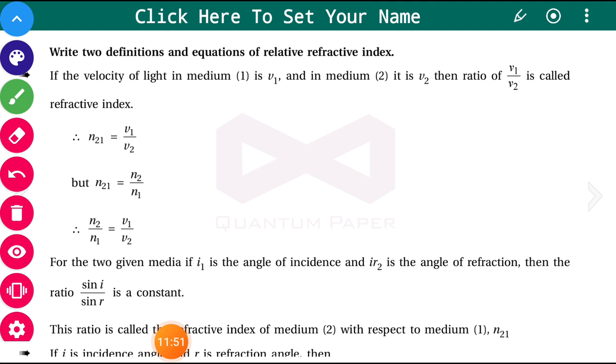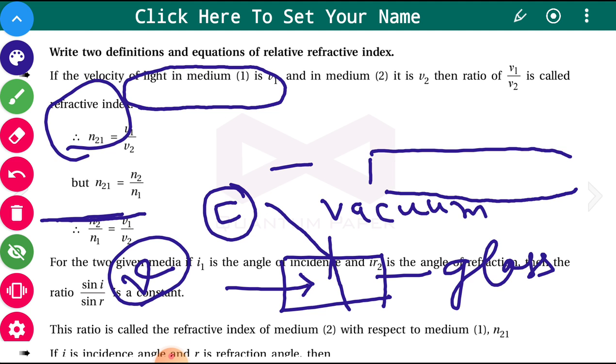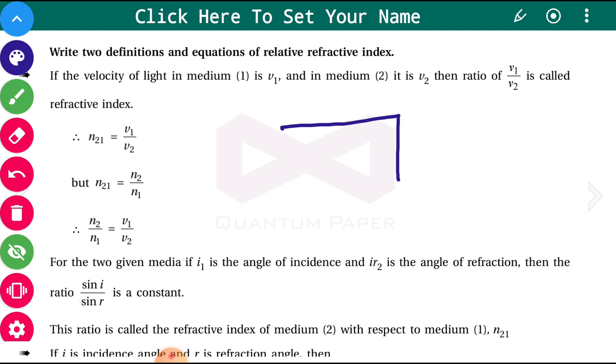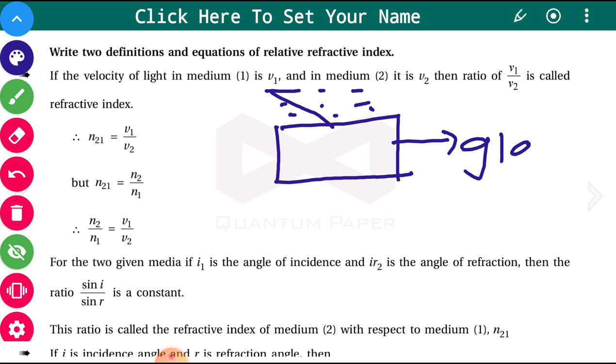Now we talk about the relative refractive index. Now see, when you have two different media, say for example this is a water medium and this one is a glass medium. When the ray of light passes from water medium to glass medium, the speeds will be different.